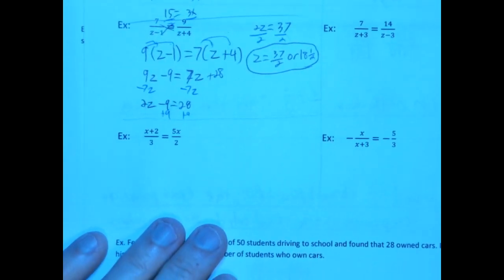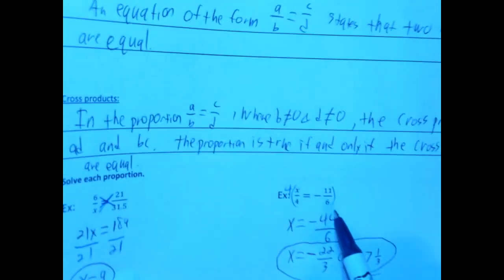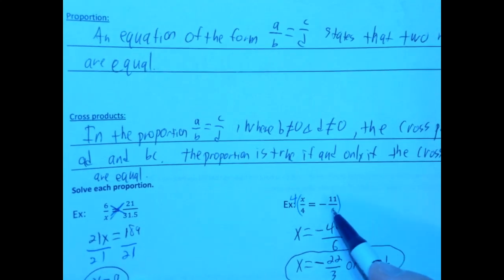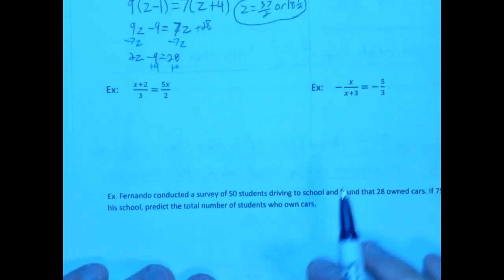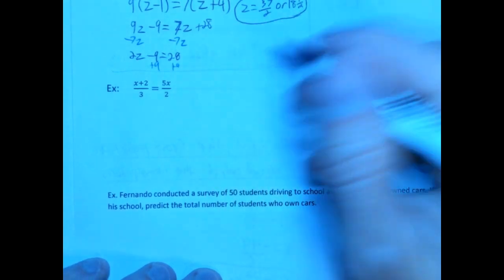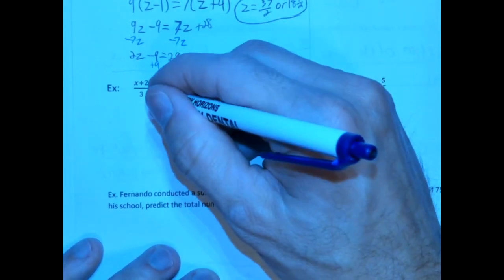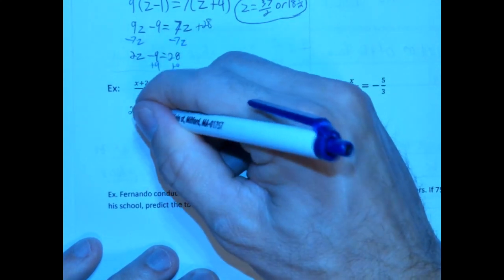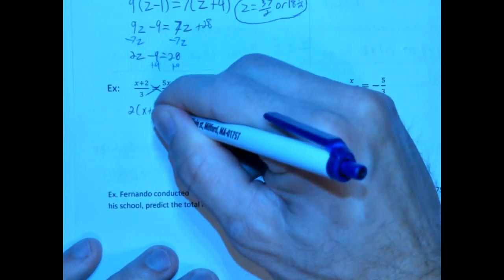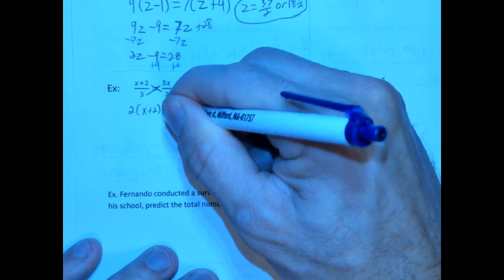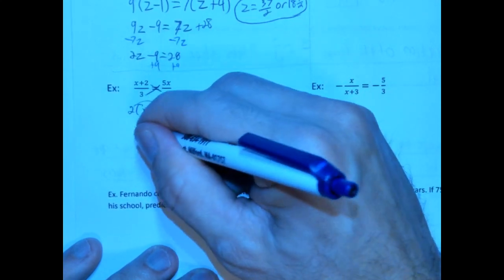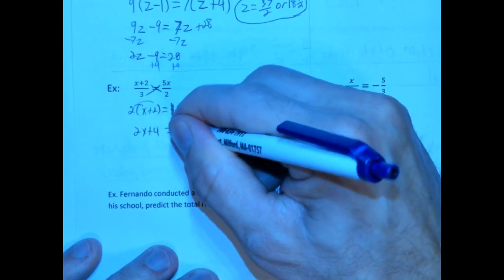I'm going to cross multiply here. In this example here, we should have cross multiplied just to stay in the good habit. We're going to end up with the same thing, but I think it probably would have been a better idea to stay in the good habit for these other problems, so I apologize for the confusion there. We're going to cross multiply. So 2 parentheses x plus 2, and 3 times 5 is 15x. So distribute these. We're going to get 2x plus 4 equals 15x.